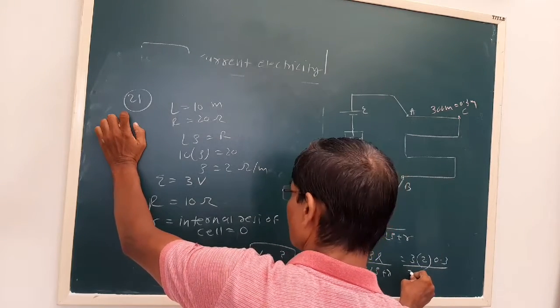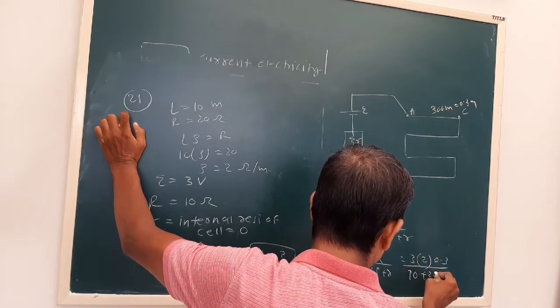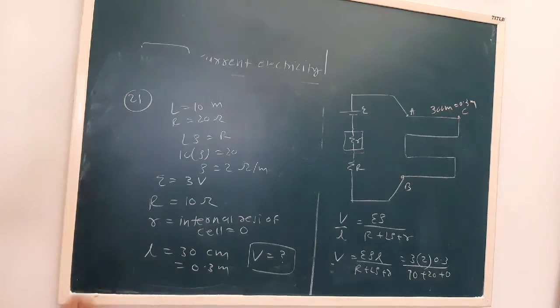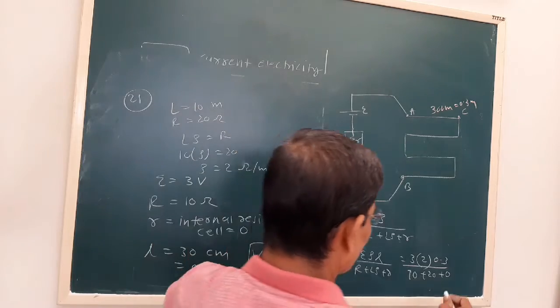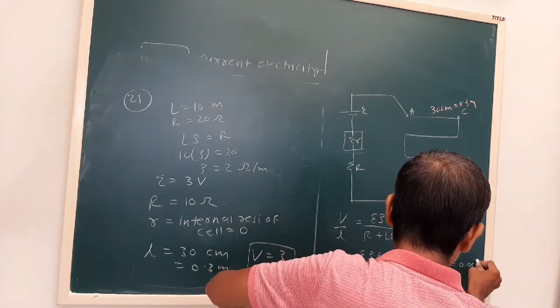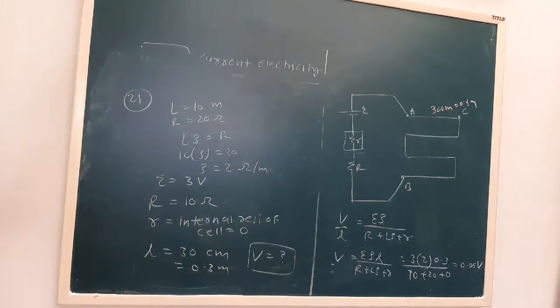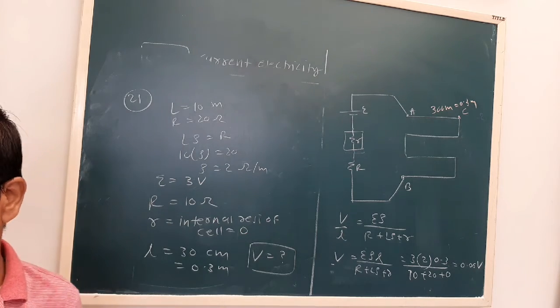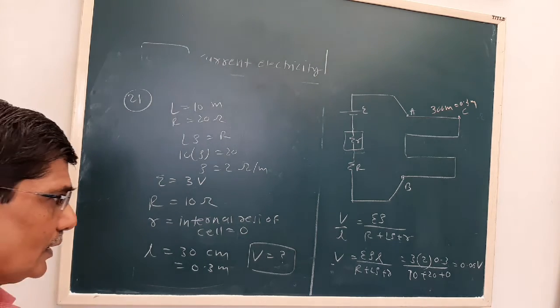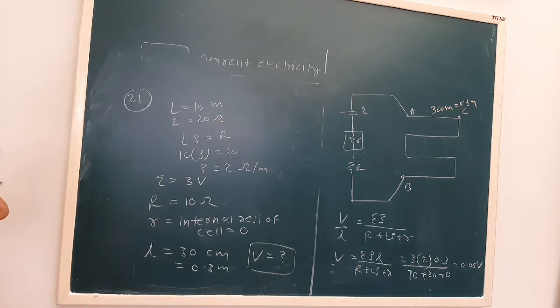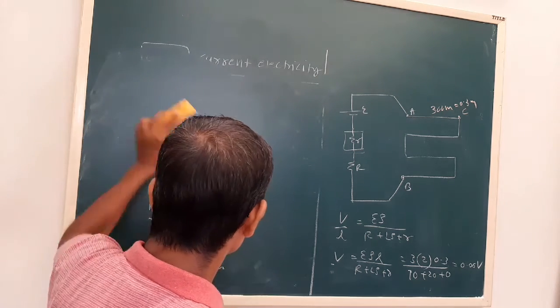R is how much? 10, L rho is 20, and here we have to neglect the internal resistance. If we solve this, we will get 0.06. This is how we can solve. This MCQ requires use of the equation of potential. Now see our next MCQ.